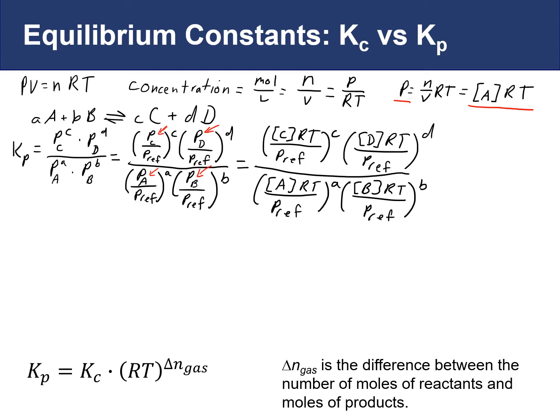the B power. Now you might notice that there's this repeating pattern of RT. We have essentially a repeating pattern here in each one of them that has an RT over P ref.